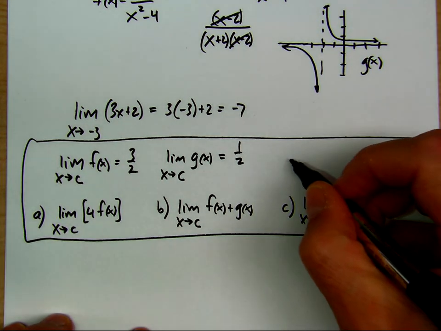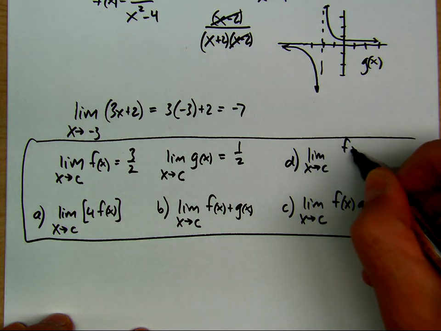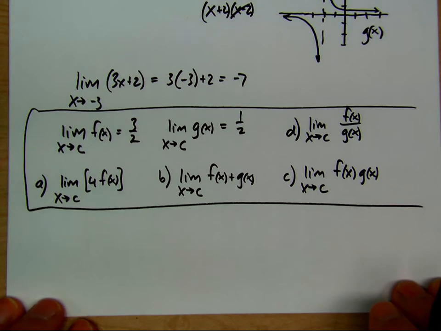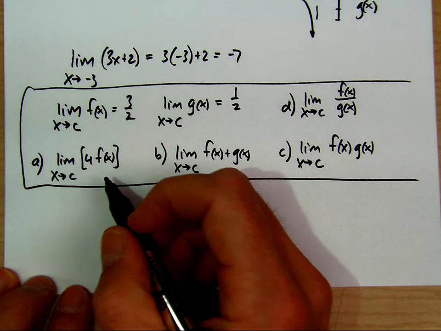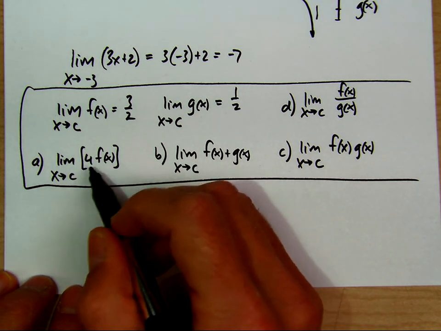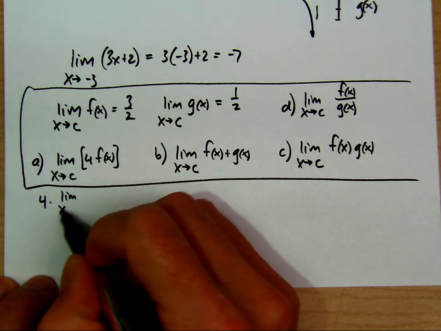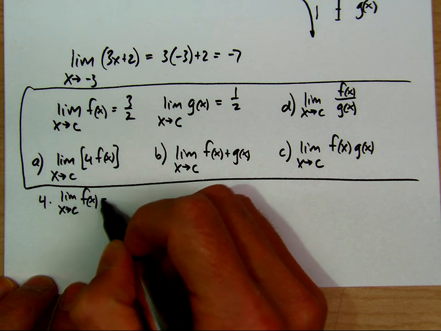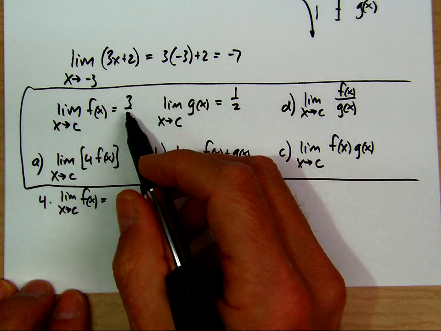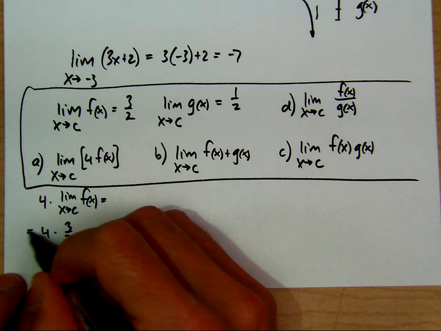I guess we could see if we can fit D in there, and that is the quotient. And so we just want to make sure we can use this concept. The limit can just be moved to any part of this. So I could write it as 4 times, then put the limit on the f. Limit as x goes to c of f. And then we just substitute, because we know the limit of f is 3/2. And that gives us 6.